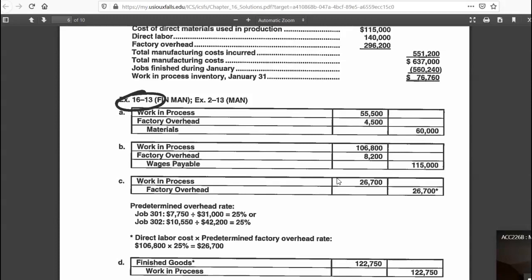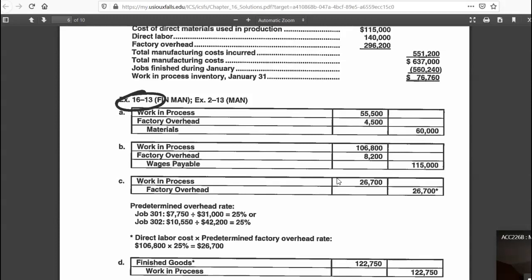And it says collegiate began printing operations on March 1, jobs 301 and 302 were completed during the month, and all costs applicable to them were recorded on the related cost sheets. Jobs 303 and 304 are still in process, so they're not done, and all applicable costs except overhead have been recorded to those sheets.